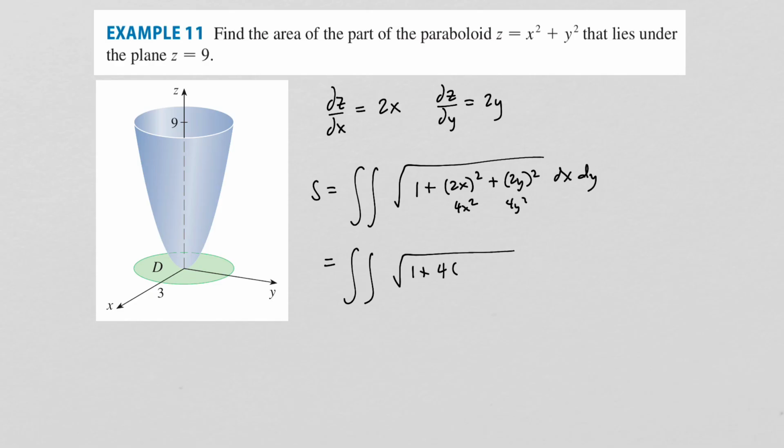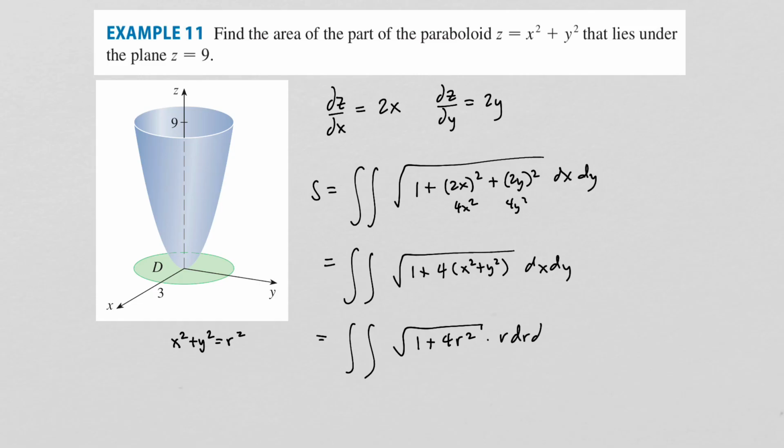If we factor out the 4, we get 4 times the quantity x squared plus y squared dx dy. Now, of course, we know that x squared plus y squared is r squared. And so if we convert this over to polar coordinates, we'll have the square root of 1 plus 4r squared. And then don't forget, when your dx dy switches over to polar coordinates, you get r dr d theta.